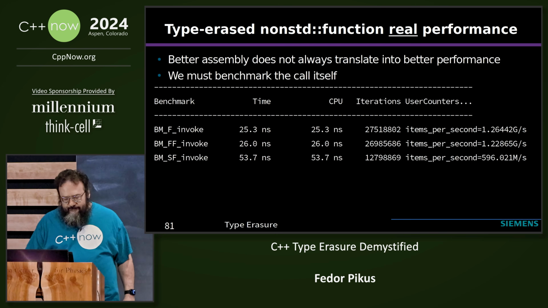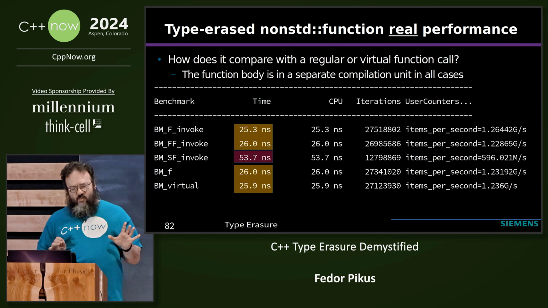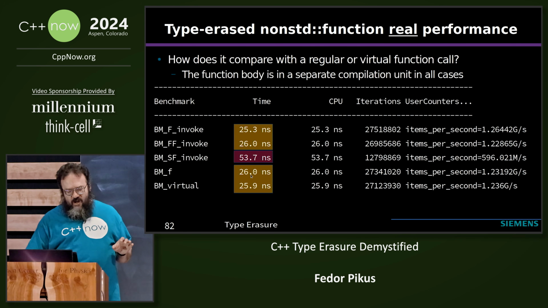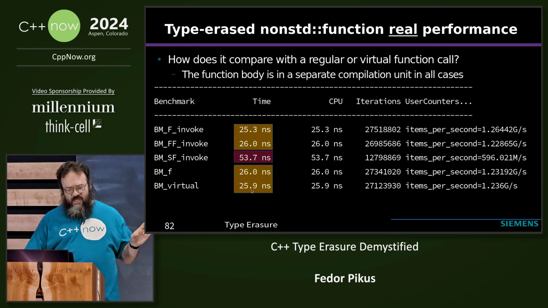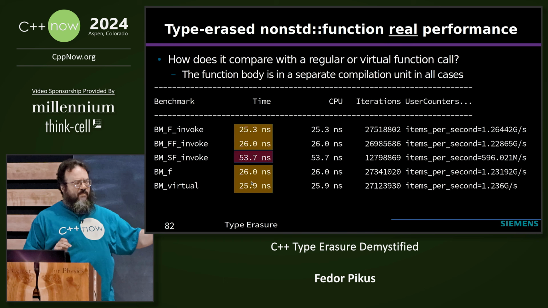Okay. Now we're talking about indirection. There are 2 more ways to do it. We need to ask a few more things. First of all, if I simply call that function through a function pointer, same time. What about the virtual function call? Same arguments, but just the virtual function call, same time. Again, in all of these benchmarks, I take pains to ensure that the compiler can't devirtualize or optimize anything.